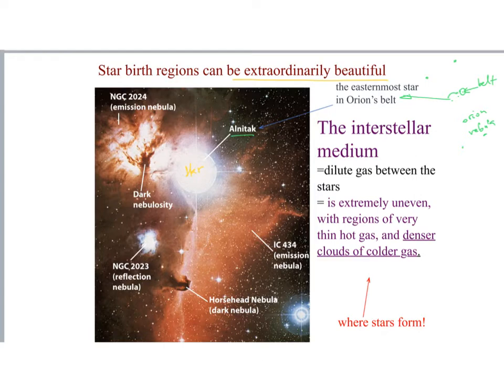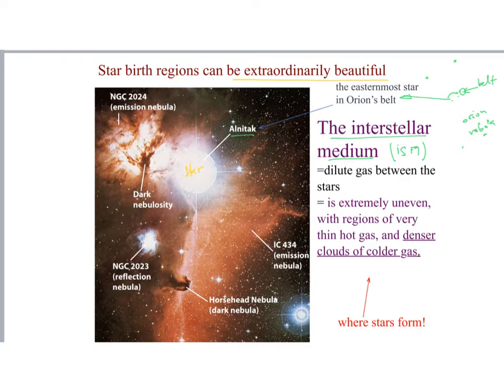So in between stars, there's a lot of what we call interstellar medium, ISM, the astronomers call it. And what is that? That's a lot of dilute gas that is in between the stars. It is extremely uneven in terms of its properties, in terms of its density, in terms of its temperature, in terms of its composition.